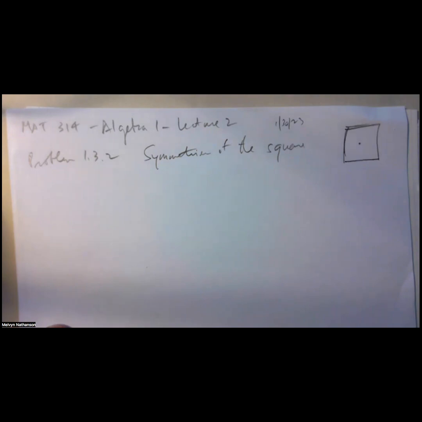But let's say this is the square, and the rotation R is a rotation around the center by 90 degrees, or by pi over 2 radians. So one rotation would send 1 to this position and 4 over here. If you rotate a second time, the 1 here moves here, and the 4 moves over to here.